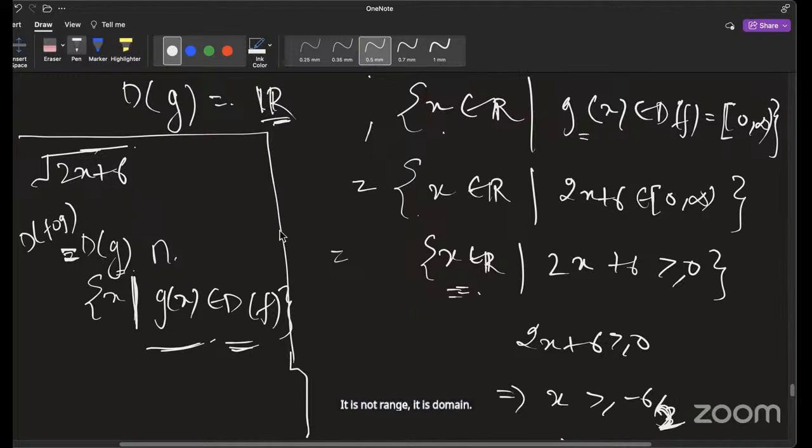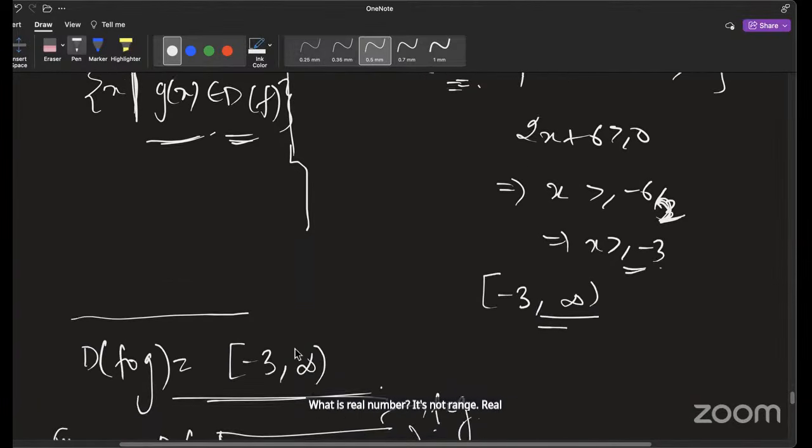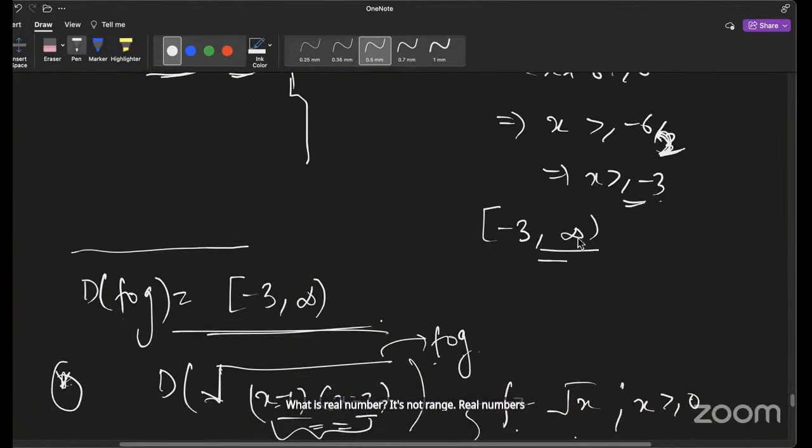Domain of g is real numbers. That's fine now. I've taken the intersection of this with real numbers, which will give you this only.